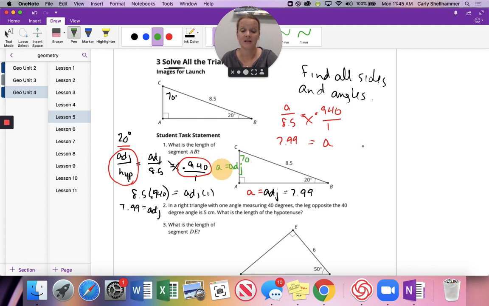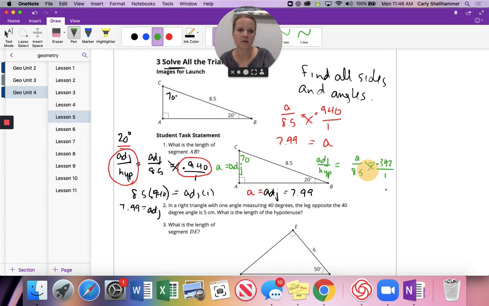All right, so if I go to my handy dandy chart right here and I look up 70 degrees adjacent, I see adjacent over hypotenuse for 70 degrees is A over 8.5. Look at my ratio. It is 0.342 over 1 because I can put a 1 underneath anything.